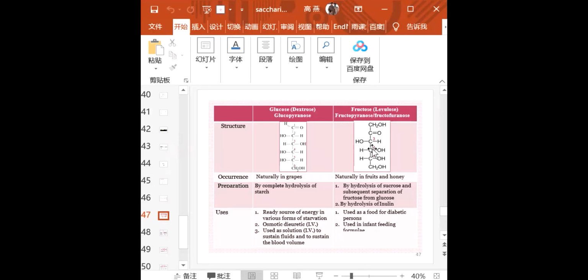It's a ketose, right? With a ketone group. Can ketone be oxidized by Fehling, the weak oxidant? What is the question? Does fructose react with Fehling solution or Tollens reagent?